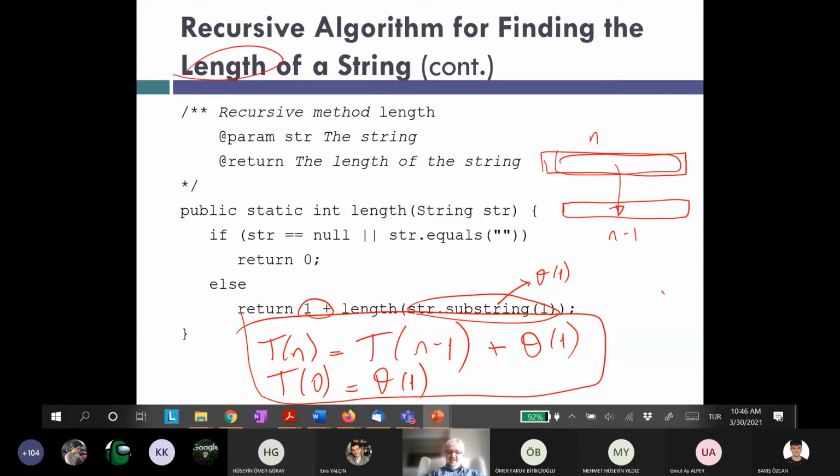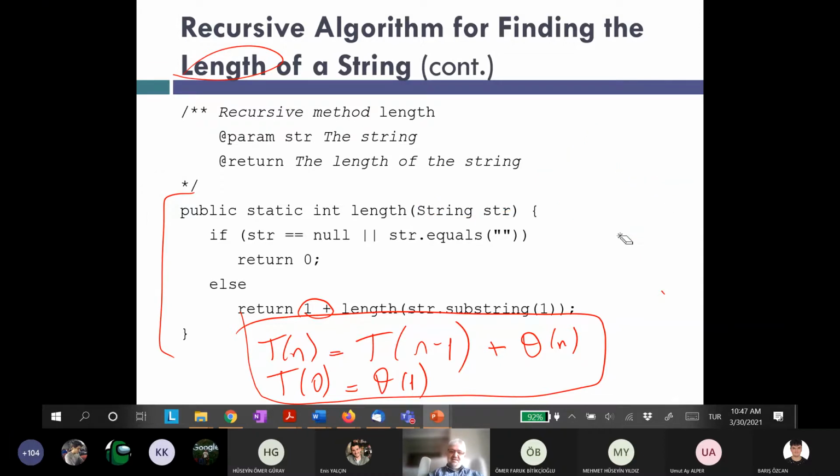So this is the recurrence relation for this method. How did we get it? First of all, we find the input size, which is n. N is the parameter of this T(n), as you see, right? The running time will depend on n. Then we try to find the recursive call and the size of the recursive call's parameter.